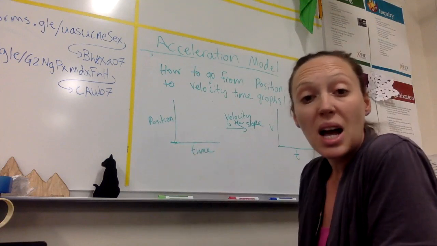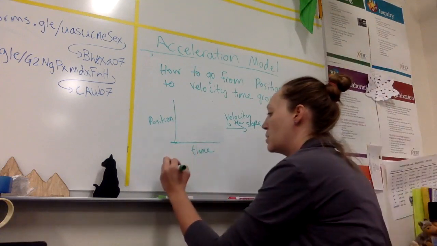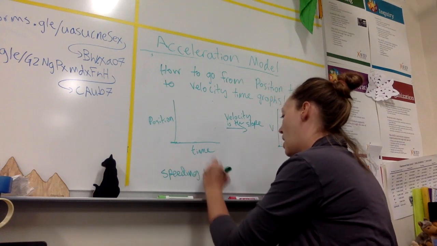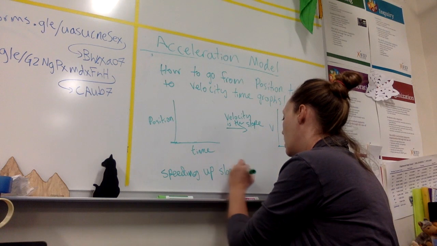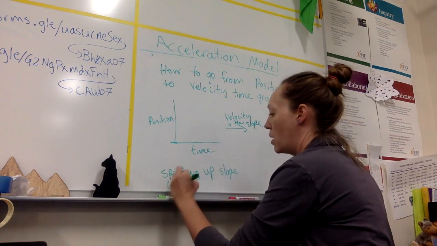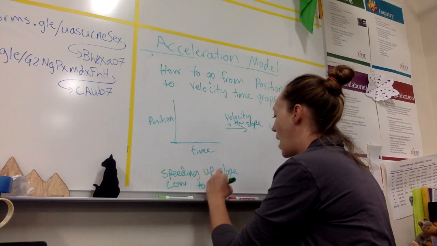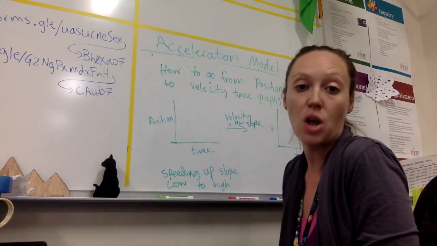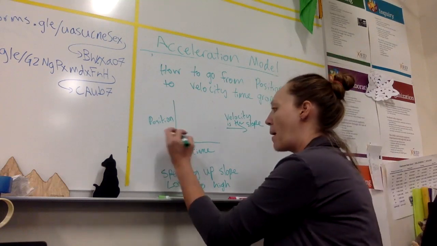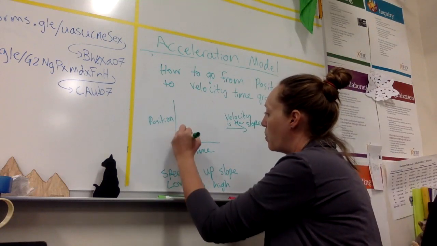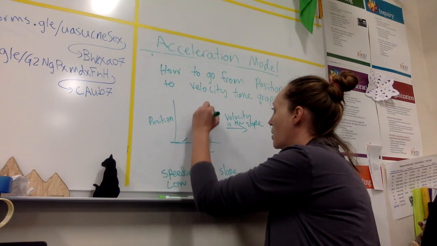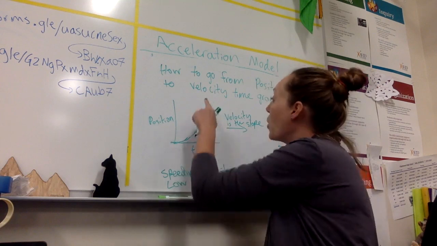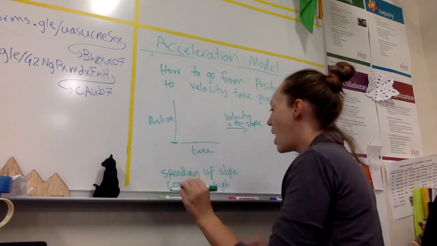One way that I predict how to do this is I think about the slope. If it's speeding up, our slope goes from low to high. So it goes from less slope to a steeper slope. So if I'm speeding up positive, I might go from 0 slope up to a very steep slope, and then I can just kind of make it a curve. If you're slowing down, it would be the exact opposite.